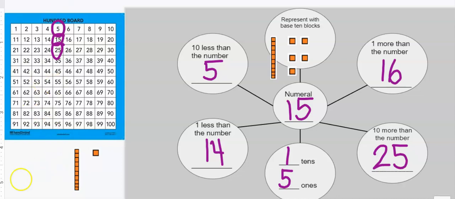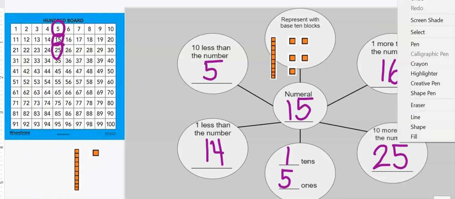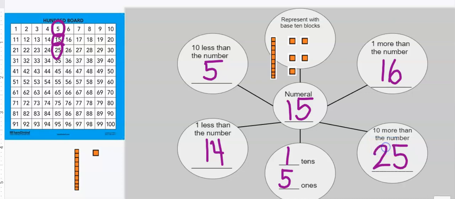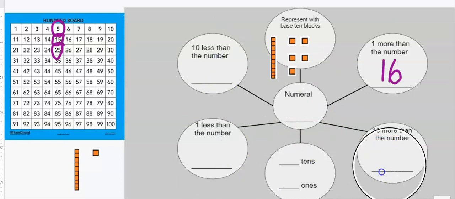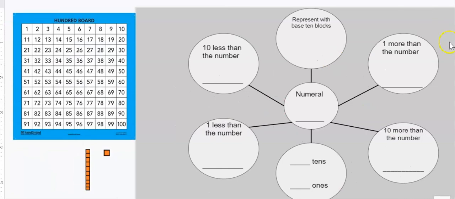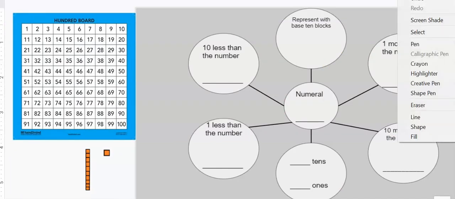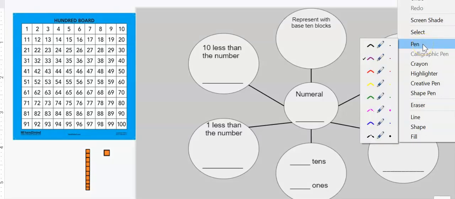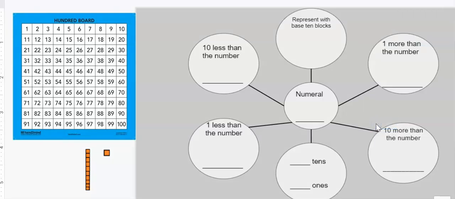Okay, so let's erase and go to our next number. What do you think that number is going to be? All right, we're going to move over so we can see our 100 board. So here we go. Let's get our pen. We'll make it blue this time.